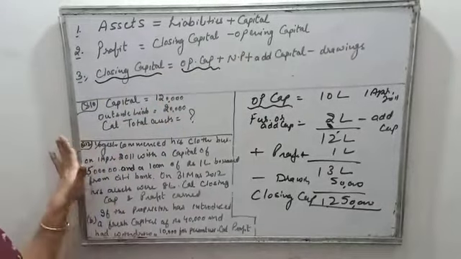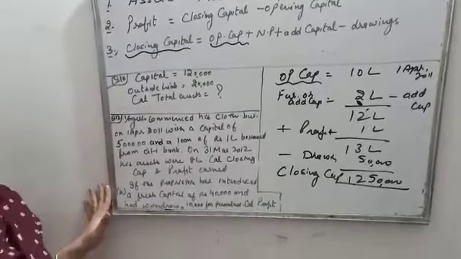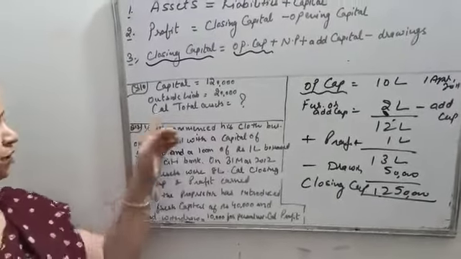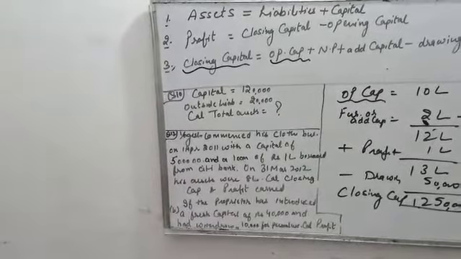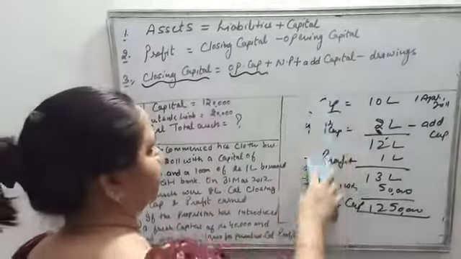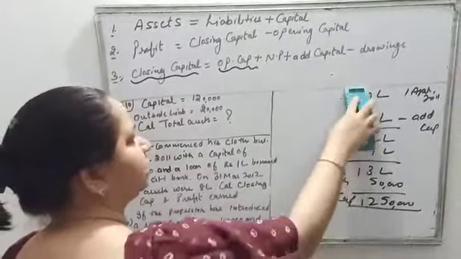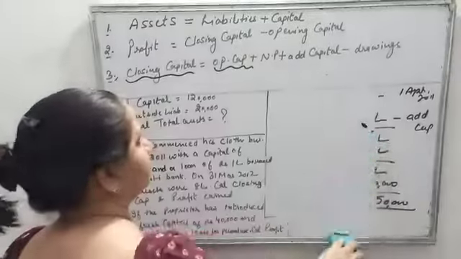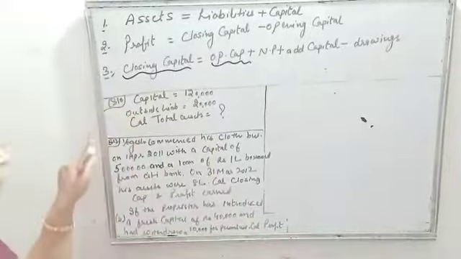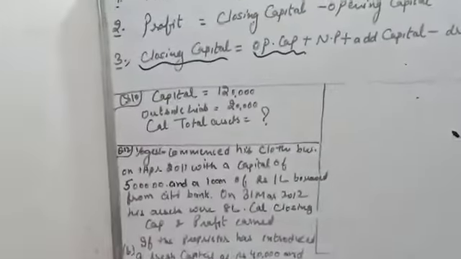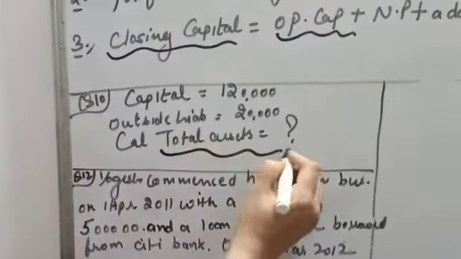Now we are going to discuss two questions, question number 10th and 12th regarding this. Firstly, question number 10. In question number 10th, we have been given capital and outside liabilities, and you are going to find out the total assets. How to calculate?